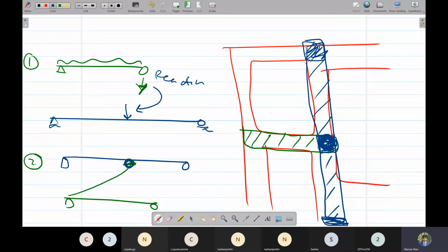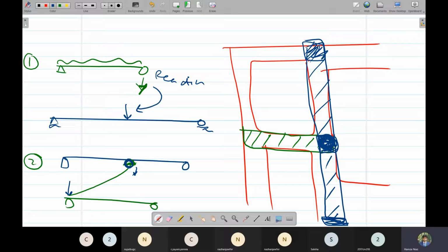So we can either place the blue beam at the top and design it as a continuous beam, or we can place the green beam at the top and design both beams as simply supported beams.